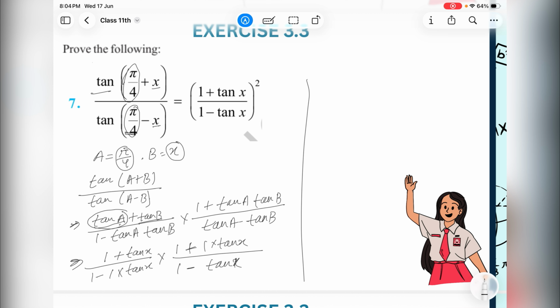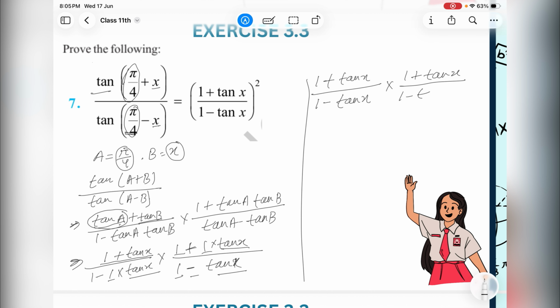tan x. Okay, now this 1 plus tan x will be as it is, 1 plus tan x upon 1 minus tan x. So 1 into tan x will be tan x only. So 1 minus tan x into 1, tan x into 1 is tan x, so 1 plus tan x upon 1 minus tan x, 1 minus tan x.